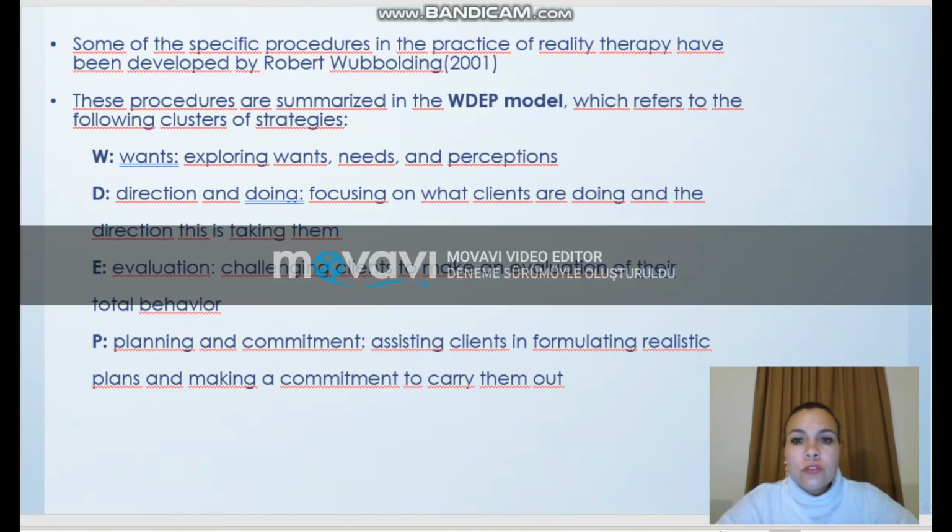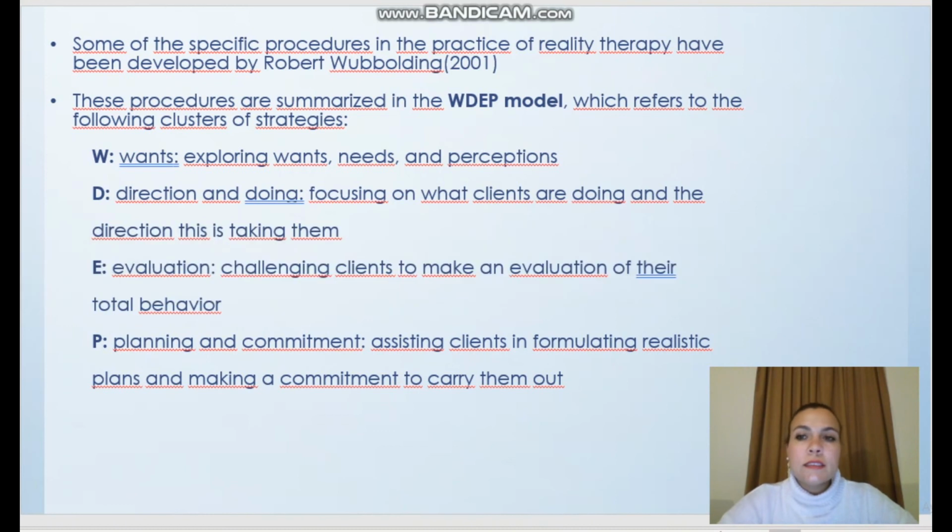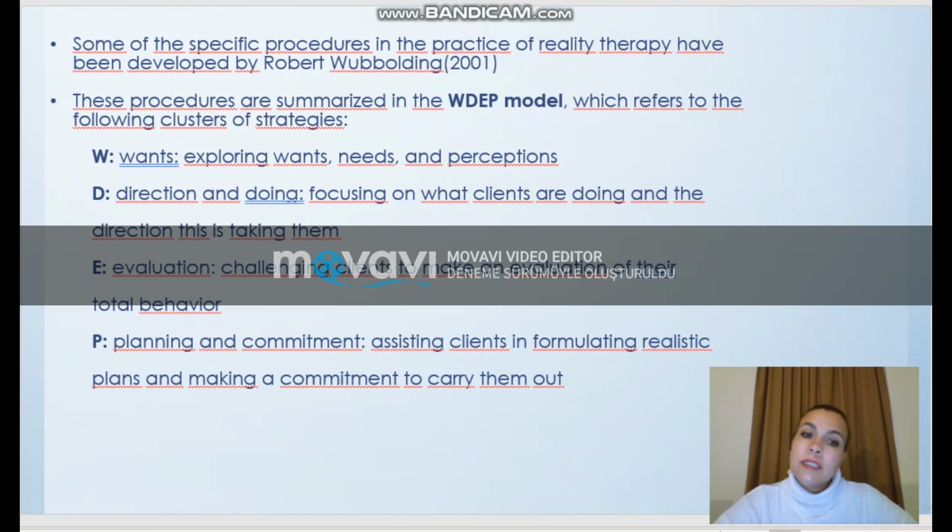This focuses on what clients are doing, and the direction this is taking them. And E is evaluation, challenging clients to make an evaluation of their total behavior. And P is planning and commitment, assisting clients in formulating realistic plans and making a commitment to carry them out.